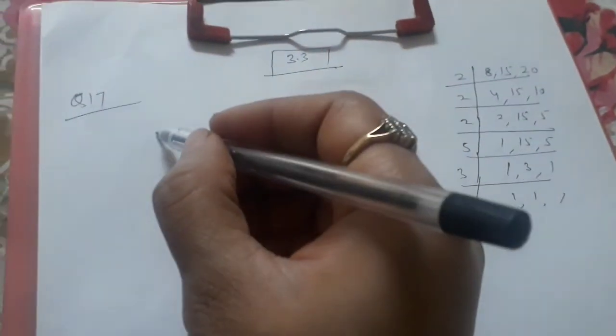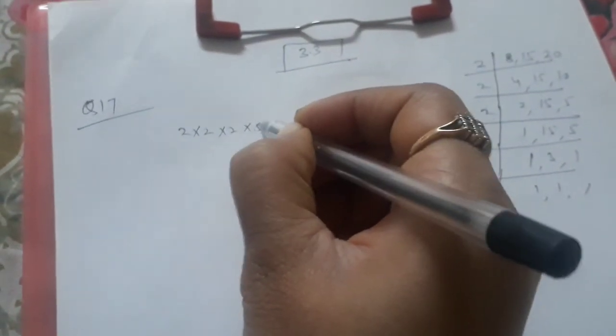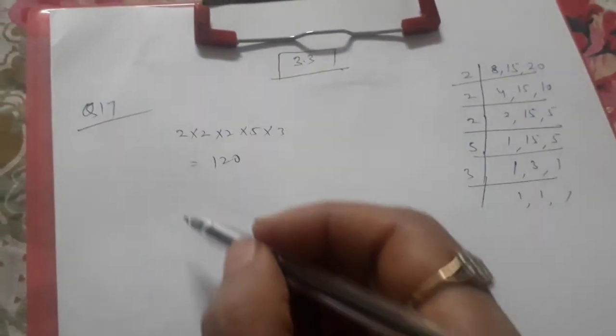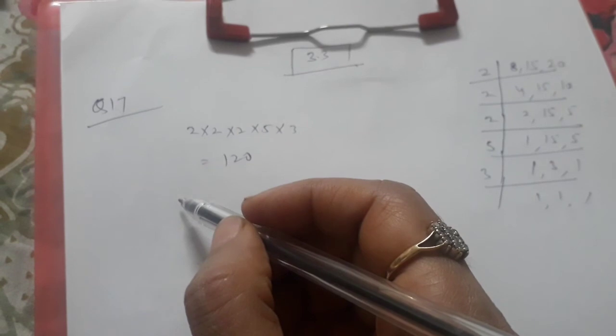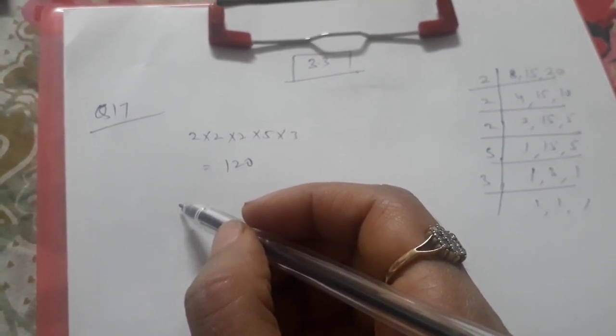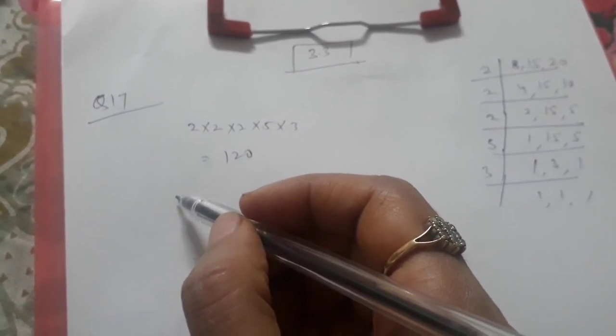So here the number is 2 into 2 into 2 into 5 into 3, that is 120. We were supposed to find the smallest square number that is divisible by each of 8, 15 and 20.